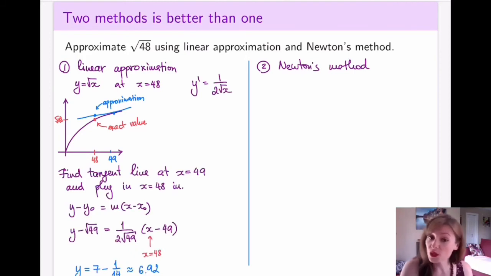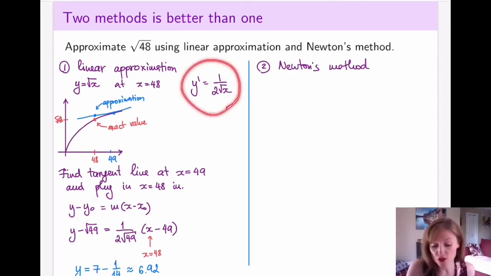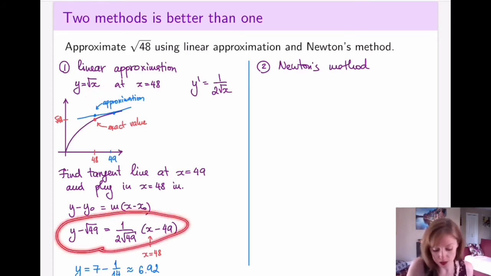Okay, so this is what you should have gotten. Notice that again, we're using our general equation for the line, but in order for us to be able to plug things in, I also have to compute the derivative of my function at the point. So here's where I am using 49 as the point where I'm computing the equation of the line.